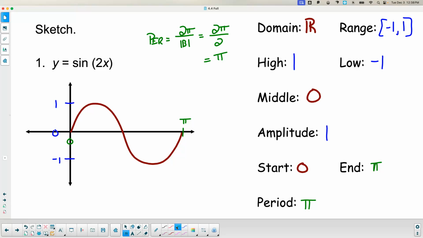Half of pi is pi over 2. Half of pi over 2 is pi over 4. Halfway from pi over 2 to pi is 3 pi over 4.